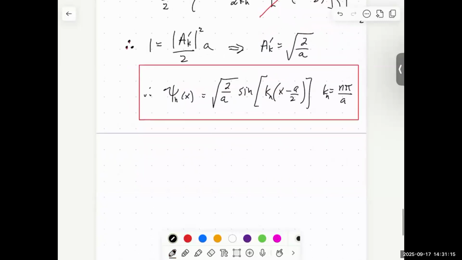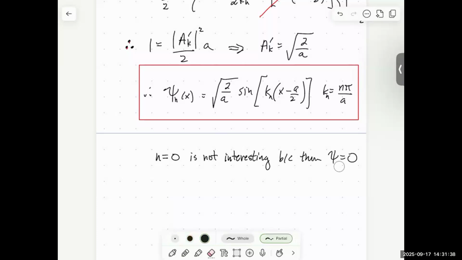So n equals 0 is not interesting, because then phi is equal to 0. Okay, no particle in the well. No particle.